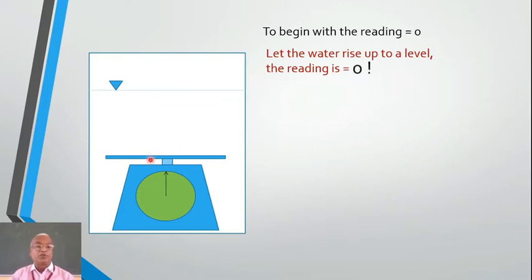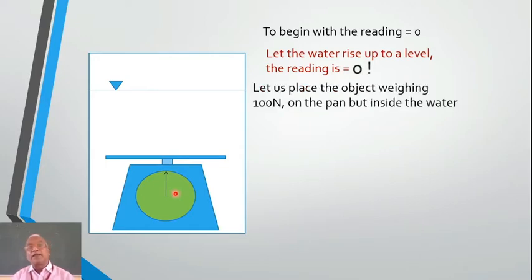Though there is a water which is standing above this balance pan, the reading will still be zero. Hydrostatically, because you have studied fluid mechanics, the water will be applying a pressure from the top downwards, and from the bottom also upwards. And because of that, it gets nullified, and the reading will interestingly be zero itself.